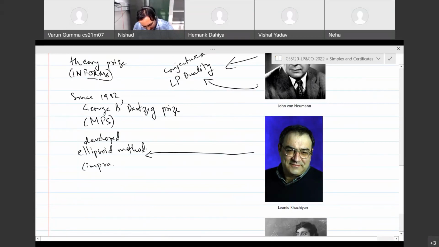So in practice, it is impractical, but in theory, it is actually the first polynomial time algorithm known for solving linear programs.